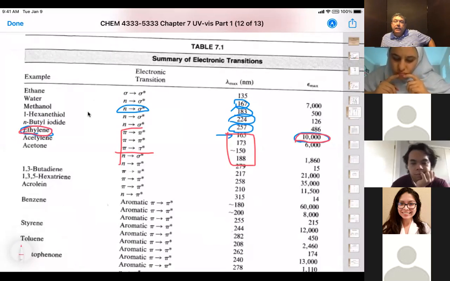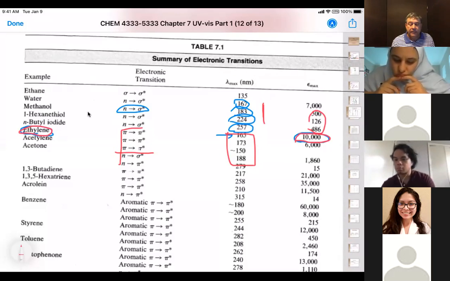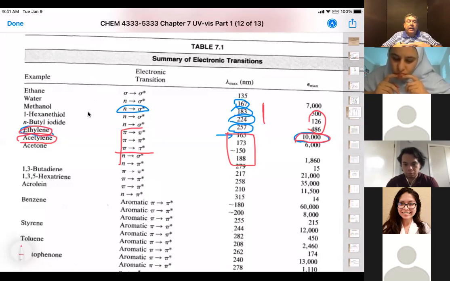So it is more likely for these compounds to be absorbing at those wavelengths than some of the other compounds. These are very low extinction coefficients. They're very hard to see. Now, notice that when we add a second pi to acetylene, we actually have a tighter bond there, and so the frequency changes slightly and the extinction coefficient goes down.